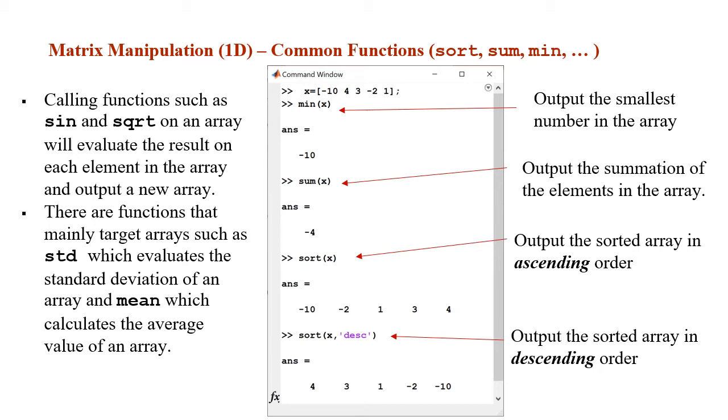We also have the function mean that finds the average of the elements in an array. There are various other functions that can be used on arrays. For example, if we call the sign function on the array x, the output will be an array of the same size as x, but the values of the output would be the sign of each element in x.